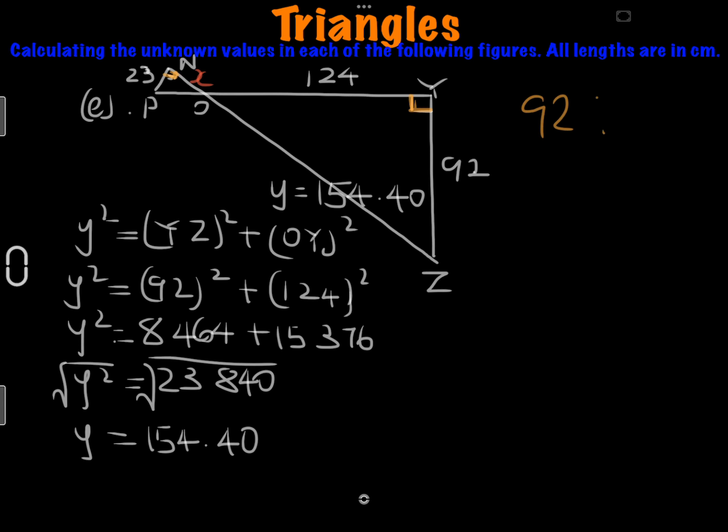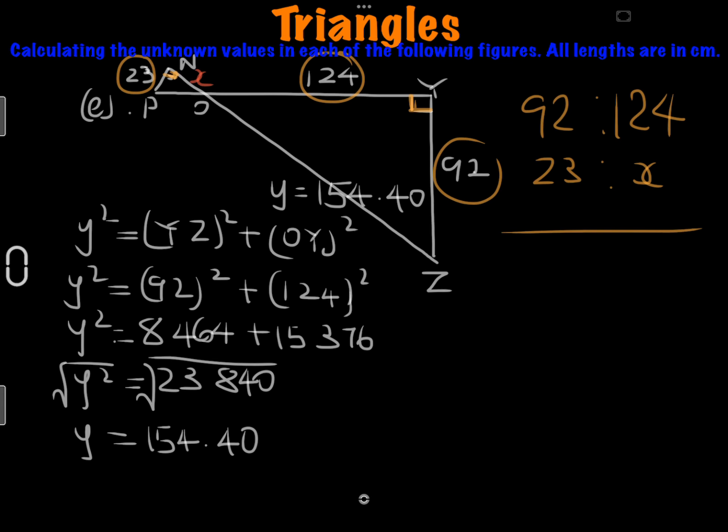So by proportion, we have 124 centimeters on this side versus that. We start with the horizontal side NP, which is 23. And x is what we need to find.